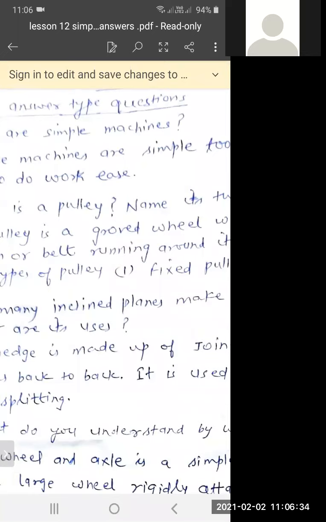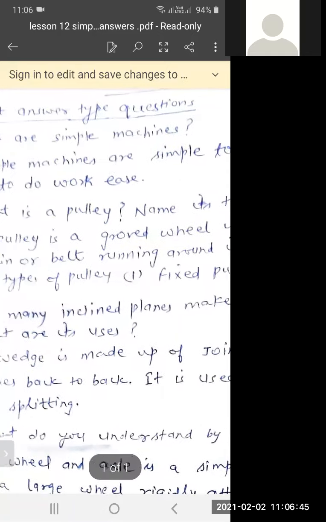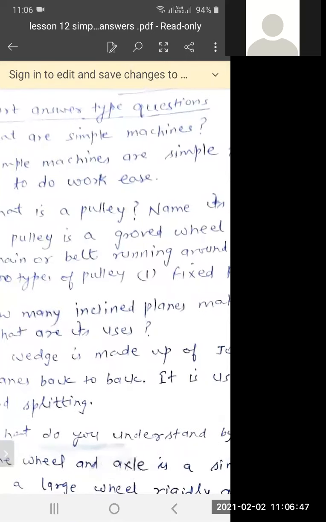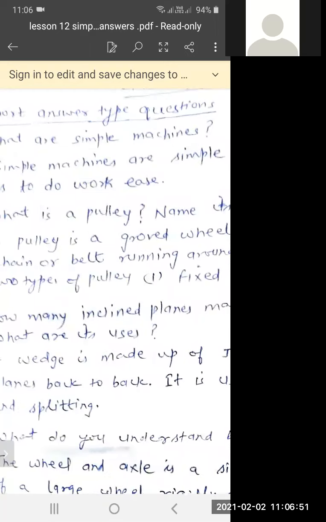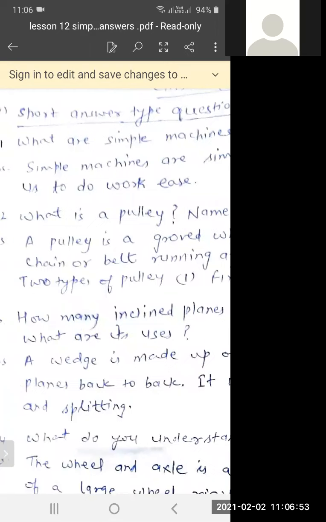There are two factors. One is to make the work easy. Second one is to save the time. Correct, students? This is the answer of your question number 1.